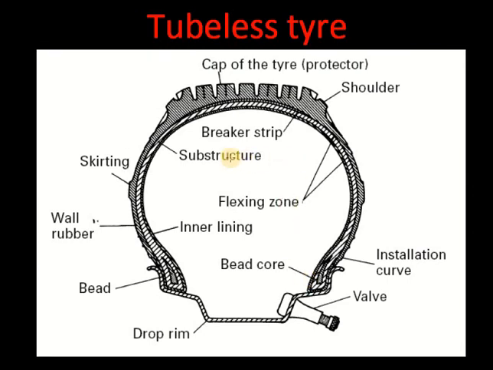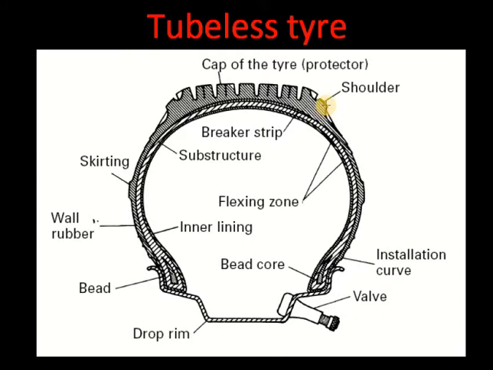Tubeless tires: we can see the construction of the tubeless tire, a drop rim inside which the bead is provided, and wall rubber skirting substructure is provided inside the inner lining, and flexible zone.